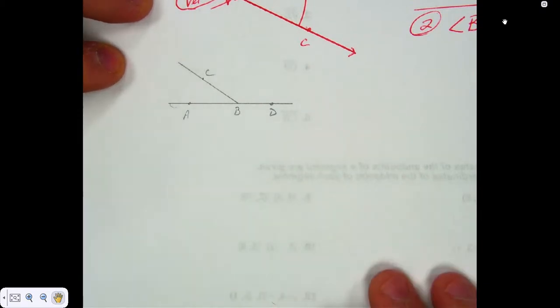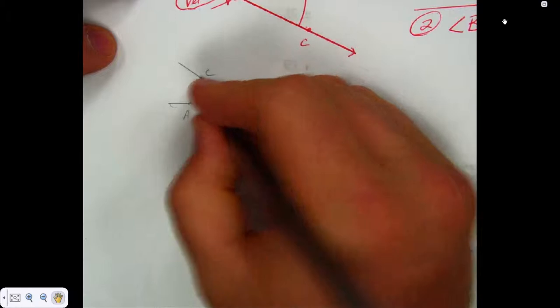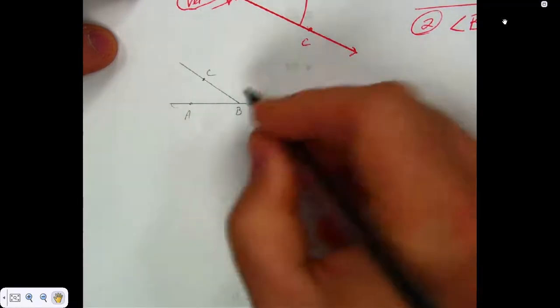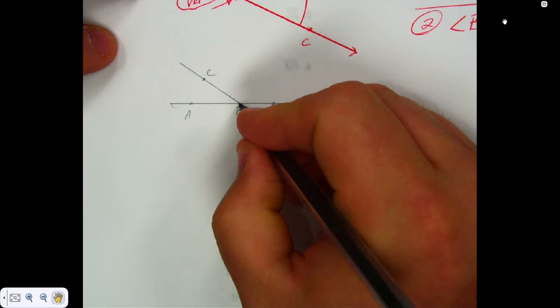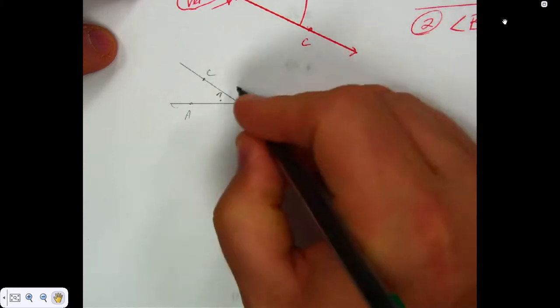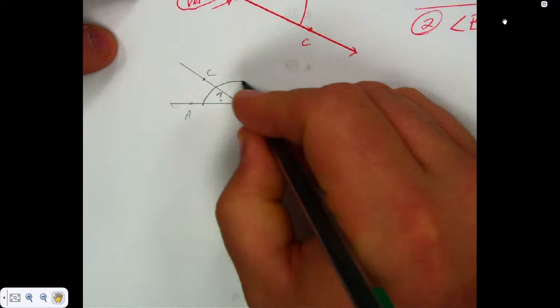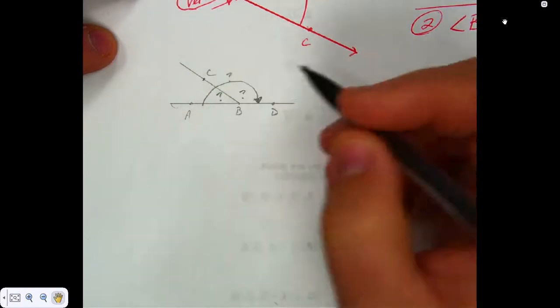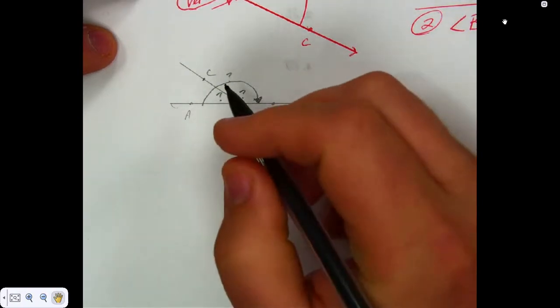Courtney, just pay attention up here. Would you know what angle I was talking about? No. Because at this vertex, it may be this angle, or that angle, or believe it or not, it could be that whole big angle too. There are three different angles that could be angle B.